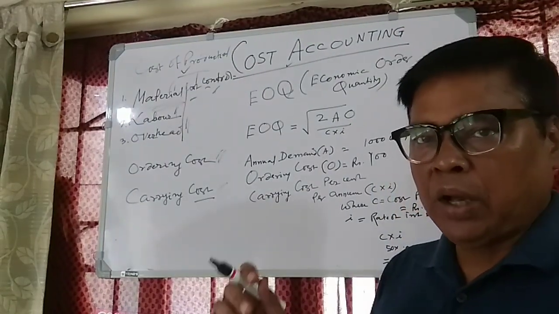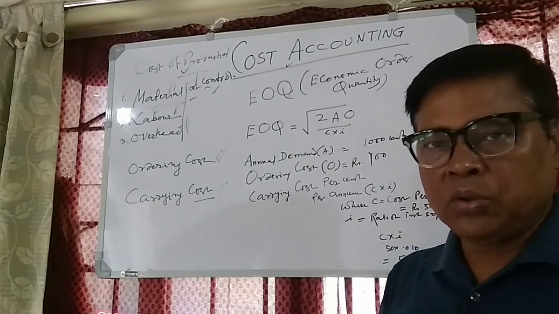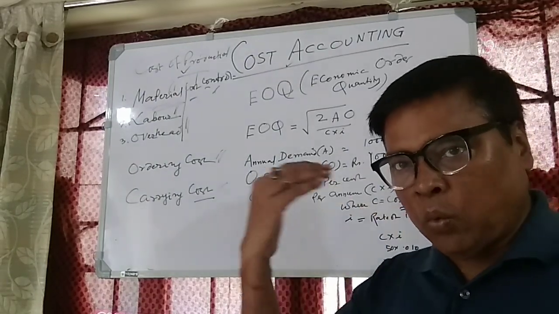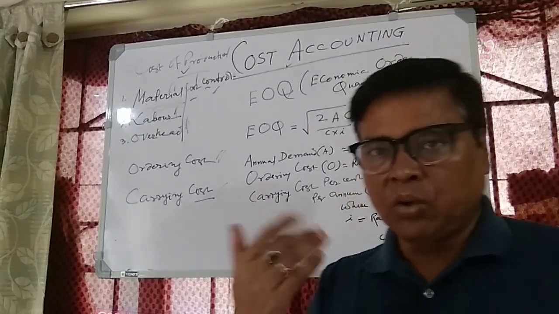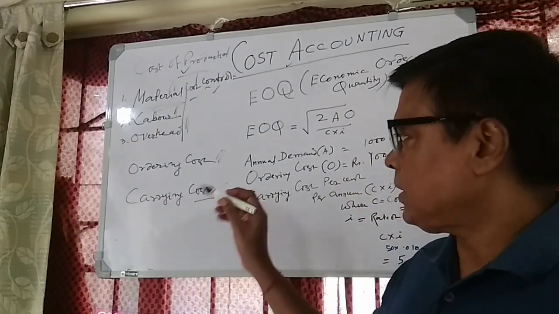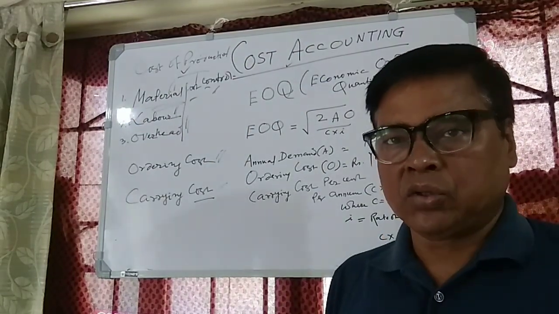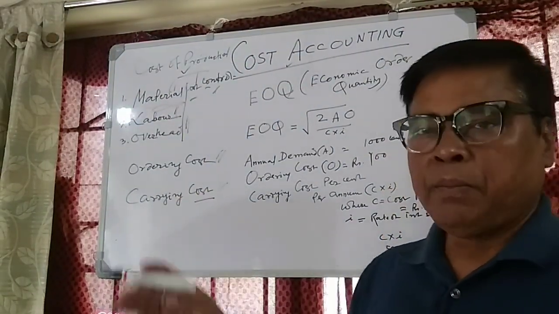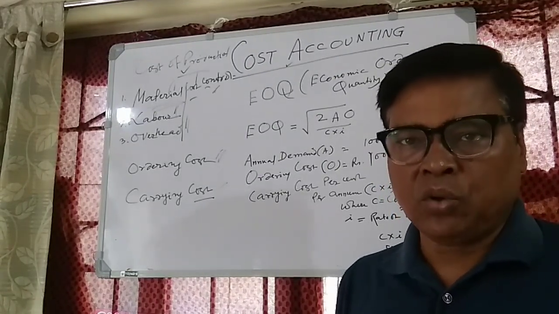For this purpose, we have to know what quantity we can purchase so that your cost will be minimum. To avoid cost, we can place frequent orders, but what quantity we do not know.